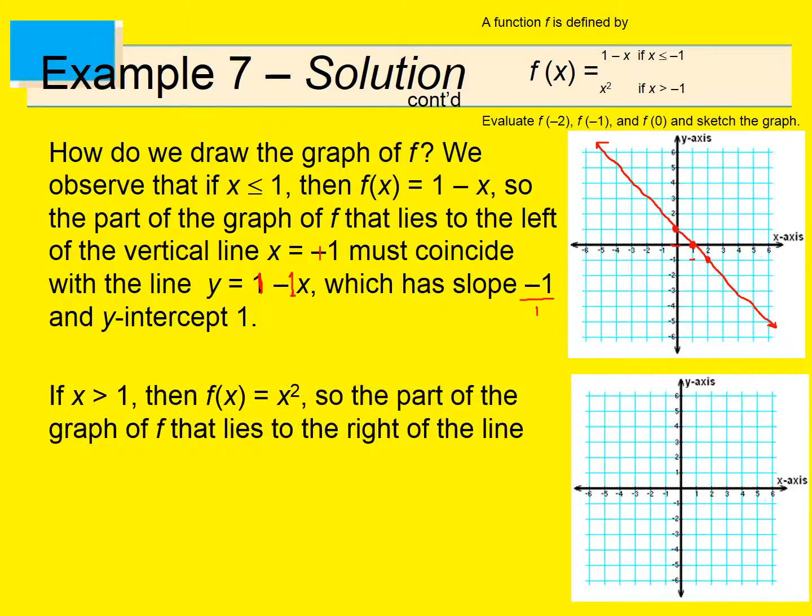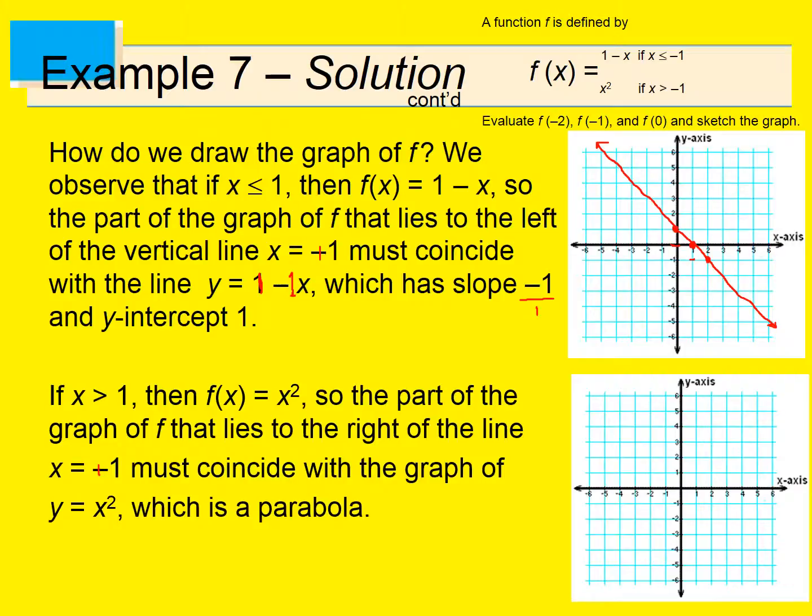If x is greater than 1, then f of x equals x squared. So the part of the graph of f that lies to the right of the line x equals 1 must coincide with the graph of y equals x squared, which is a parabola. But again, without the if, what does it look like?